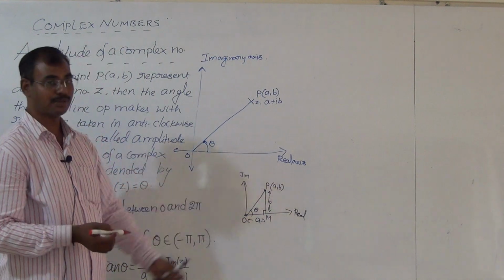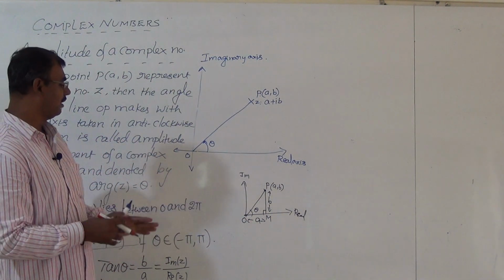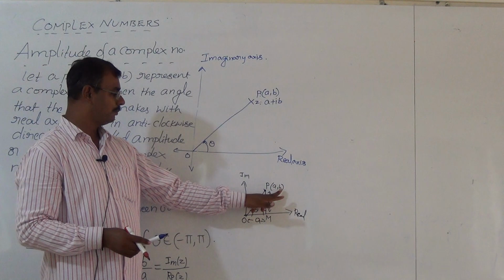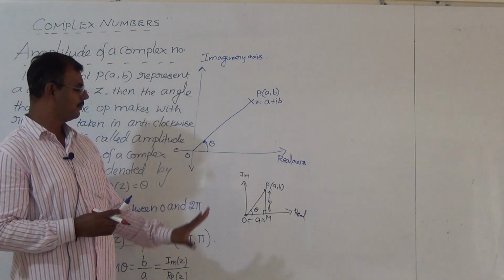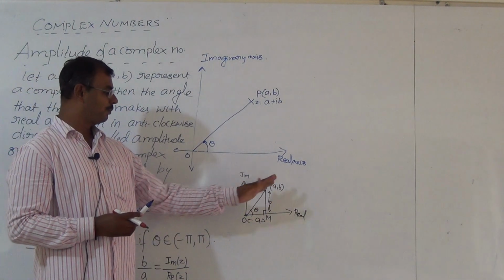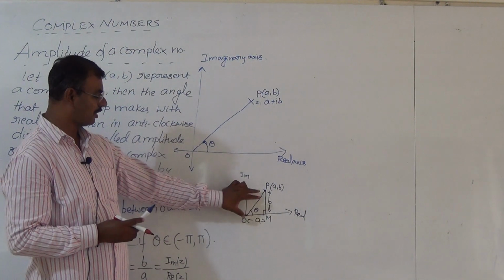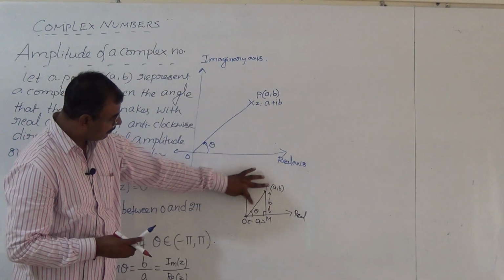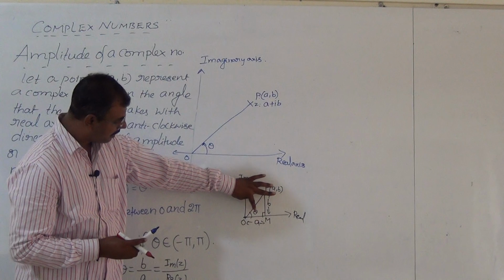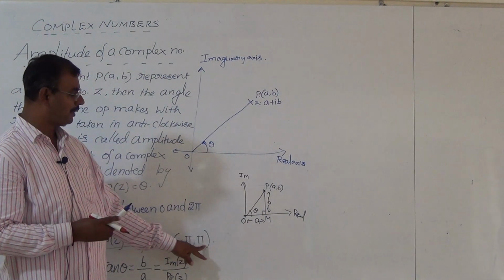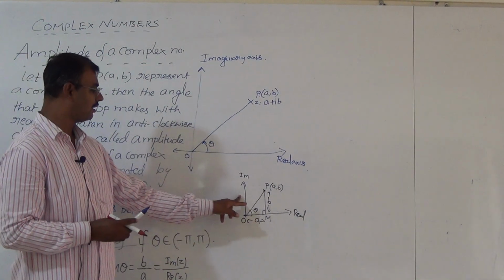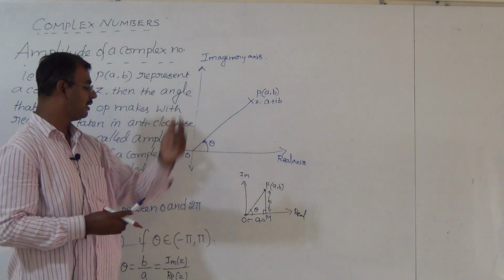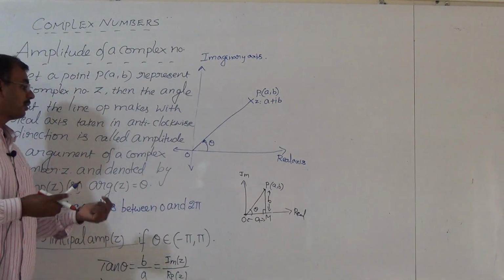All Silver Tea Cups, we know these things. Simply, A is positive, B is positive in the first quadrant. So what is the amplitude here? Theta. Does it lie between minus pi and pi? Yes. Hence, in the first quadrant, the principal amplitude of z is theta only.